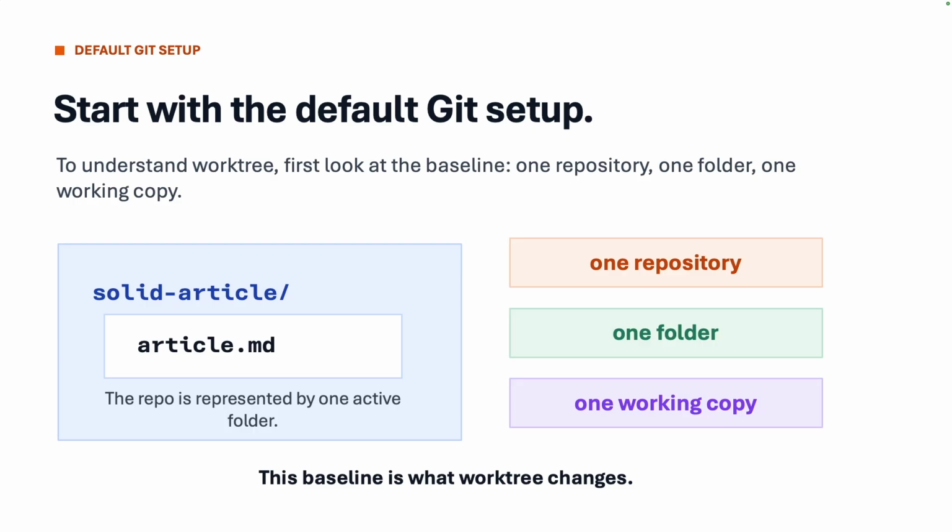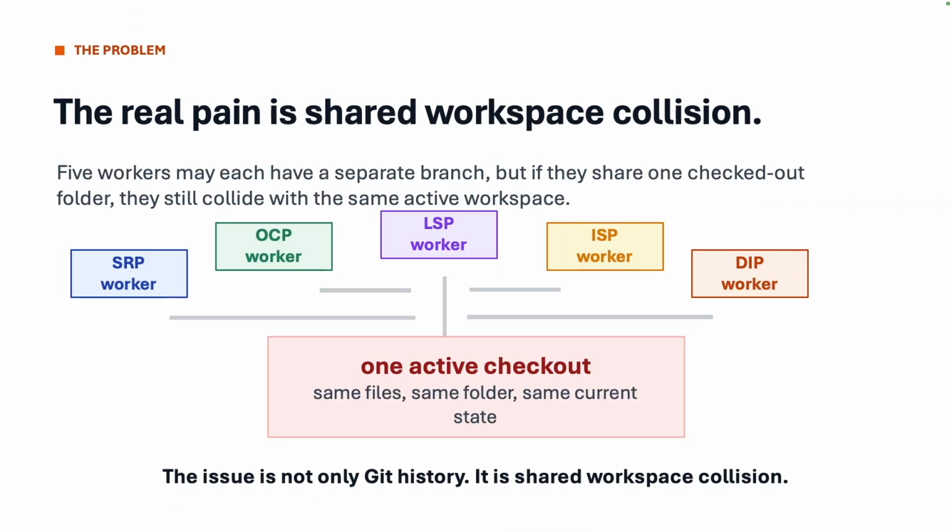However, when instead of one person doing it, we want 5 people to work in parallel at the same time, then it becomes a problem, because everybody will try to modify the same file. That is the real pain of shared workspace collision that we are trying to solve.